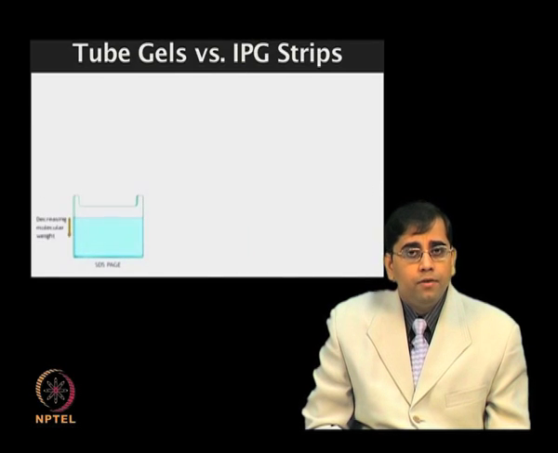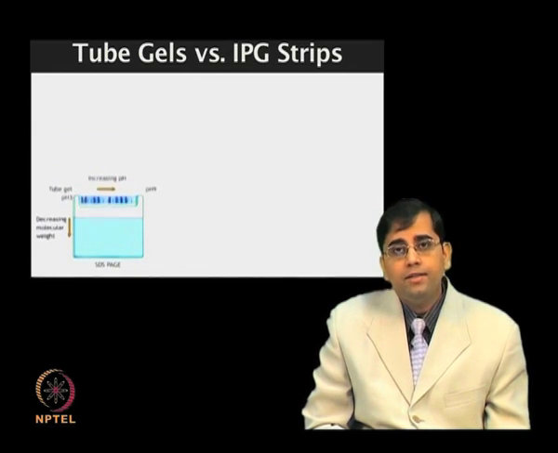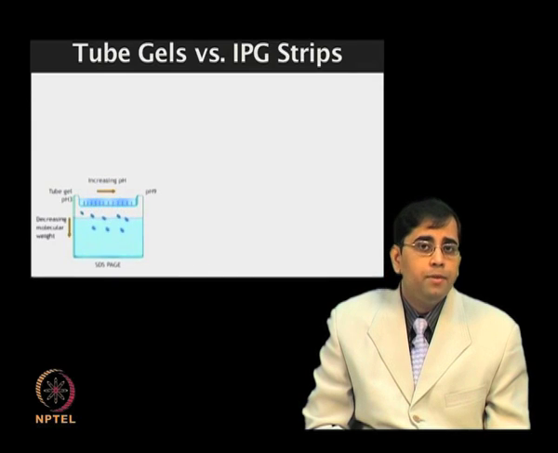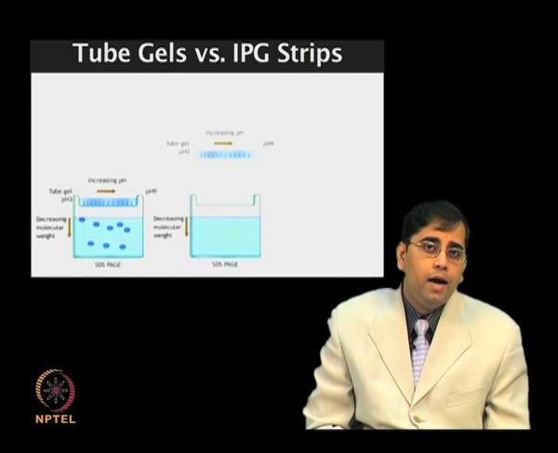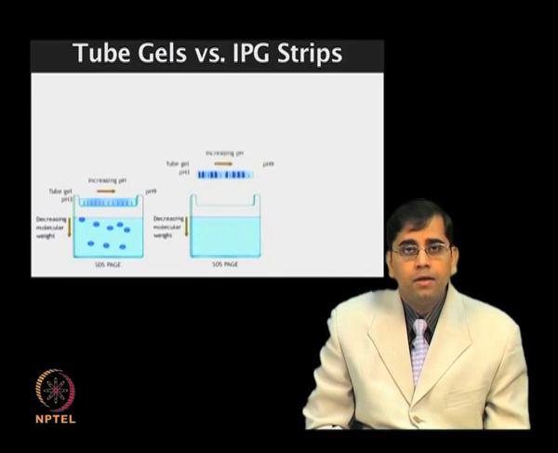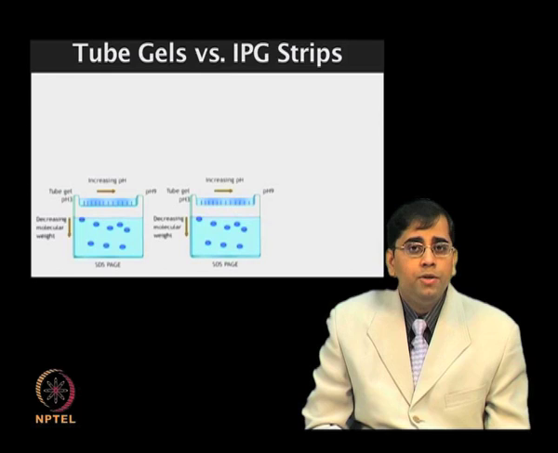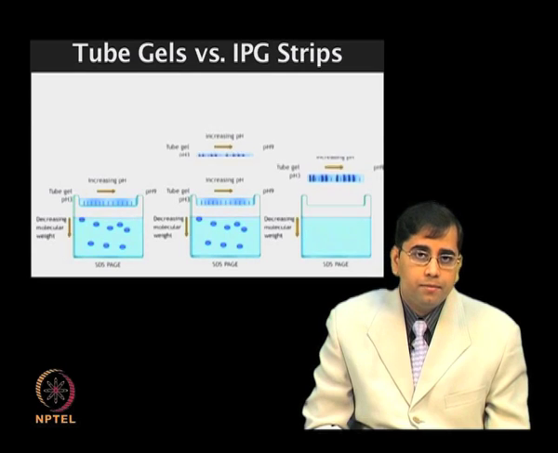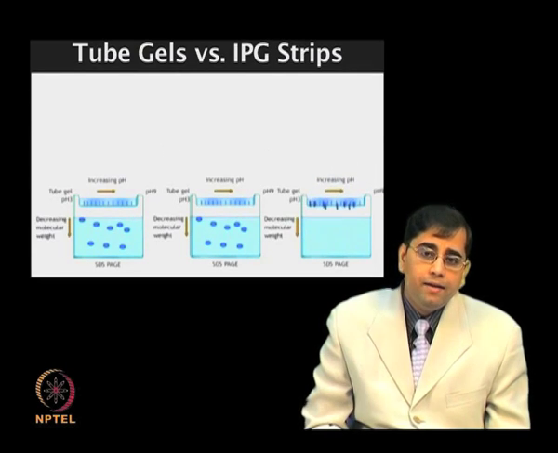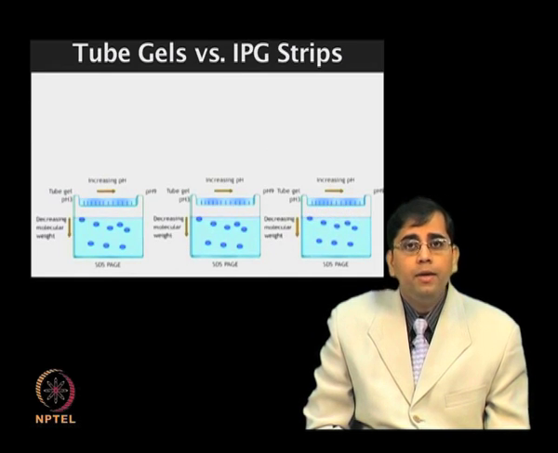The problem of reproducibility was overcome to a large extent by the development of immobilized pH gradient strips, or IPG strips. Minimal gel to gel variation was observed when samples were run by two-dimensional electrophoresis employing IPG strips, which made this technique suitable for large scale proteomic applications.